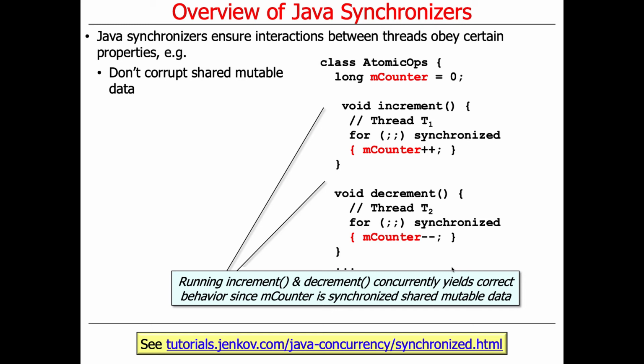The second thing that it does, and this is really important, is when you leave the critical section, the system automatically flushes the cache of the thread that was running at that point and takes the memory that was in that cache and pushes it out so that the next thread that comes along who wants to get in that critical section will read the updated value that just finished over here. So let's say, for sake of argument, this thread gets the synchronized block, the statement, it increments the counter atomically because there's nobody else doing it at that time, because the semantics of synchronized mean one at a time.